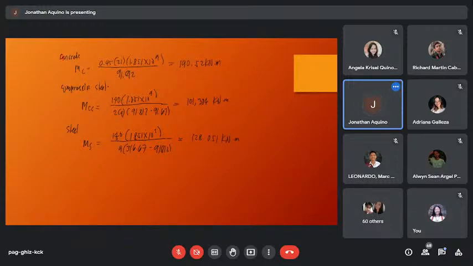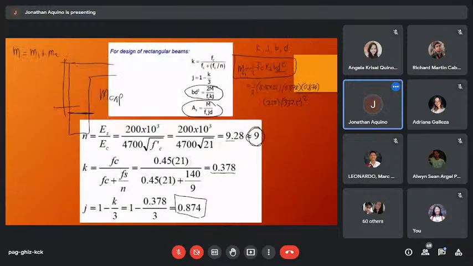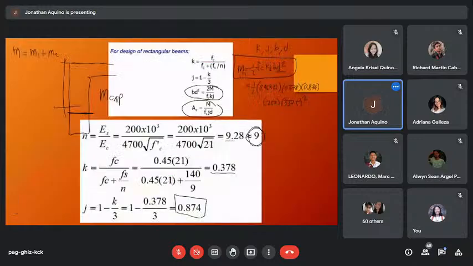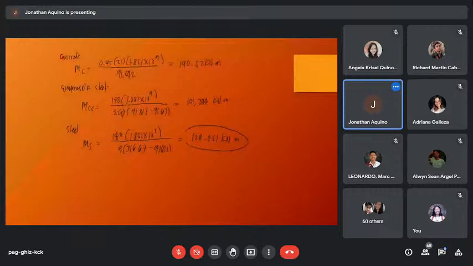Okay. So from this, the moment capacity is, again, una nag-fail yung steel natin. So the moment capacity is 128.051 kilonewton-meter. So ano yung actual moment natin? So actual moment natin is 145.578. Okay.